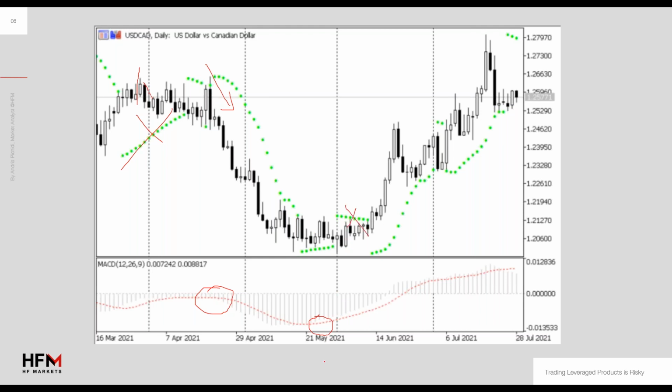But they weren't in agreement with the parabolic SAR until here. So the alignment came here. Okay, so that's another entry opportunity. You could have entered from here as well, but you could add on your position here as well.